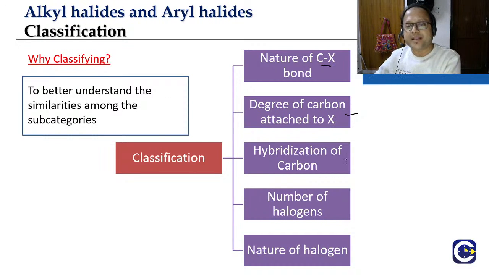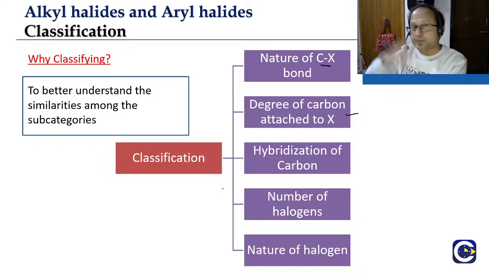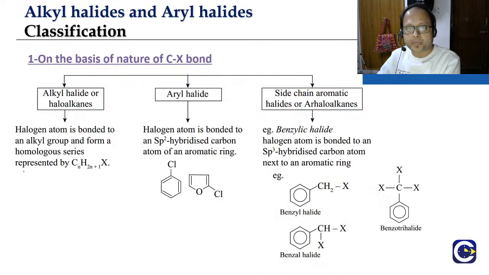So what are the various hybridizations of carbon with which the halogen is attached? That is that classification. Number of halogens, of course, right? There is only one halogen, two, three, or many halogens, like mono, di, tri, and so on. And of course the nature of halogen, right? It is more electronegative, less electronegative, what is the electronegativity difference? All these things do matter.